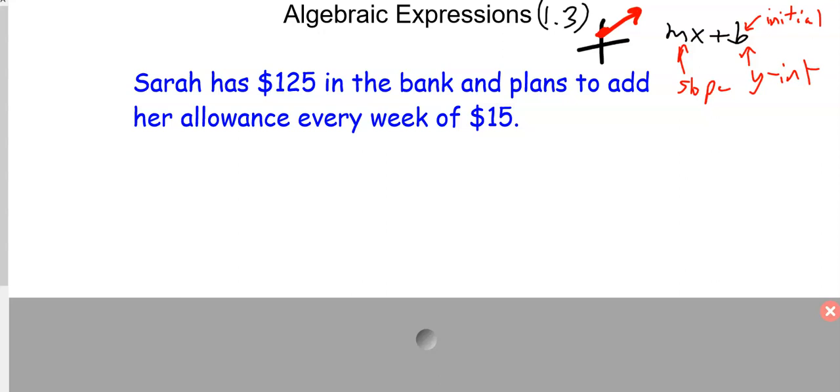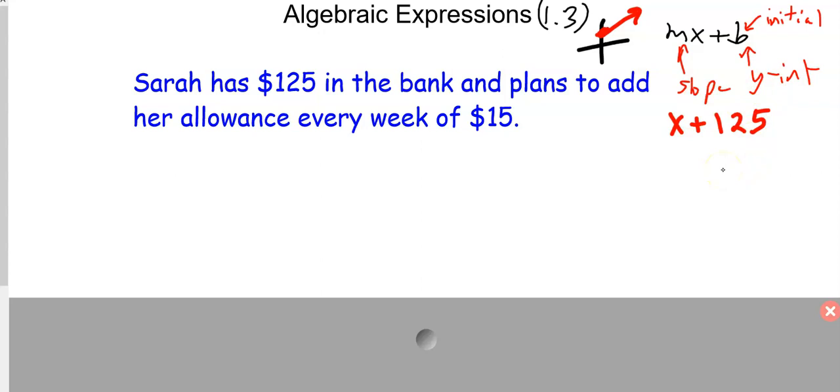So in this case, Sarah has $125 in the bank and plans to add to her allowance every week an amount of $15. So the starting point, the initial value, seems to be 125. If I'm doing an mx plus b kind of problem here, I know the 125 is my starting value, my initial value.